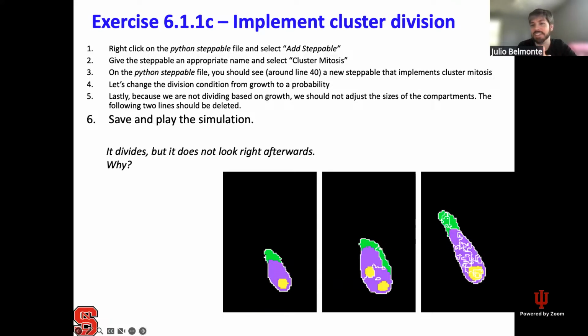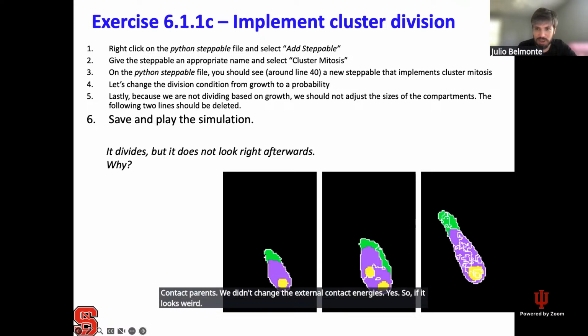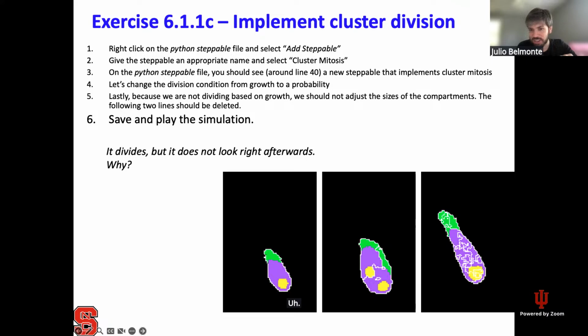Anastasia has the answer. Contact energy. We didn't change the external contact energies. Yes. So if it looks weird, that's okay. Okay. I think Anastasia changed the contact energies, maybe. So yes, okay, she did.